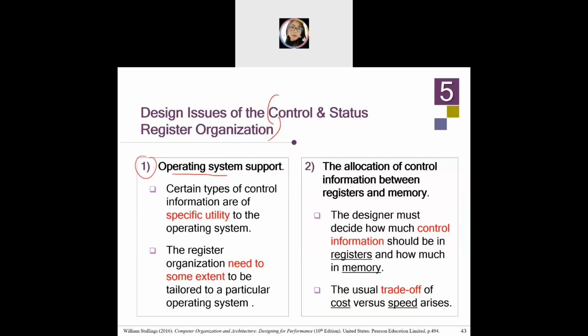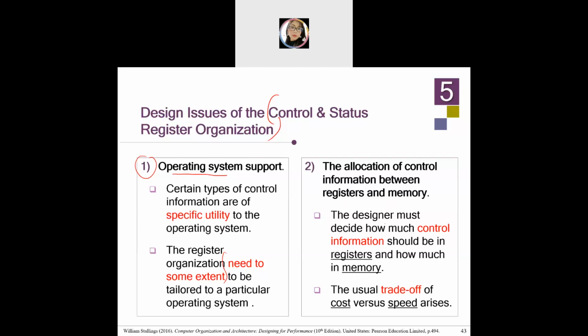So first one, operating system support. Certain types of control information are of specific utility to the operating system. The register organization needs, to some extent, to be tailored to a particular operating system. And for the second, the allocation of control information between register and memory.